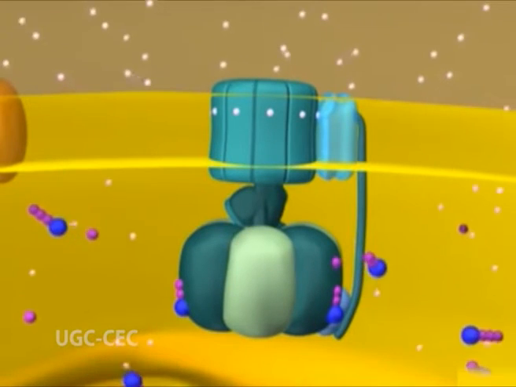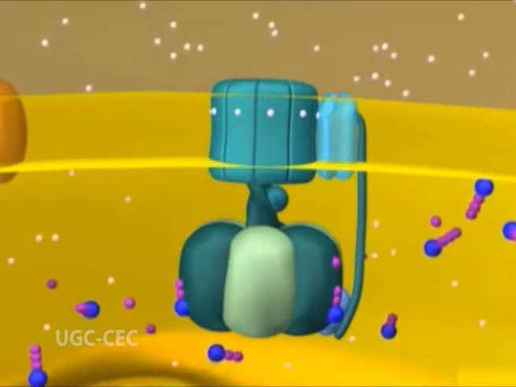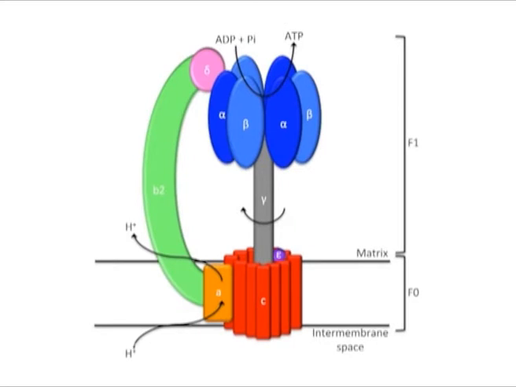The released energy causes rotation of the 2 rotary motors: the ring of C subunits in F0 relative to subunit A, along with subunits gamma, delta and epsilon in F1 to which it is attached.